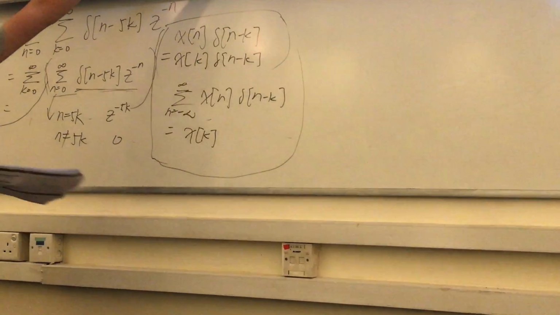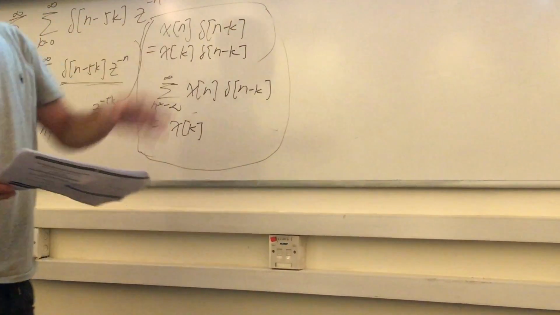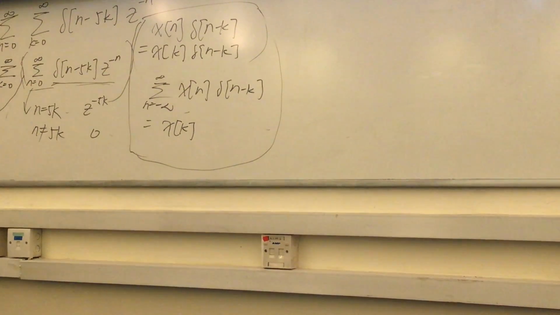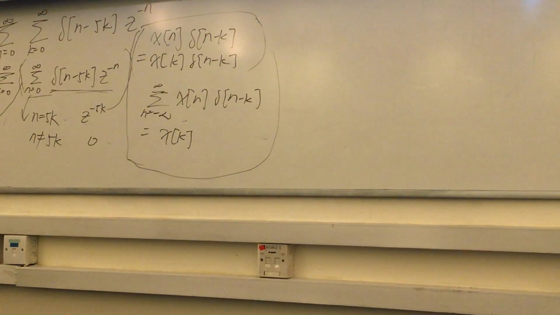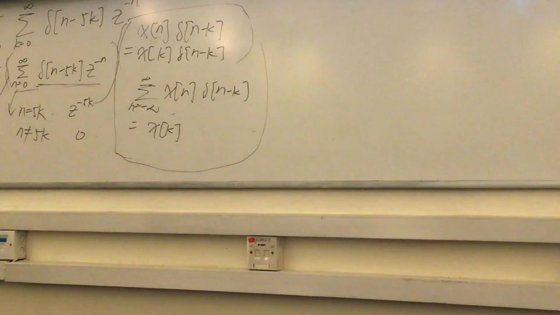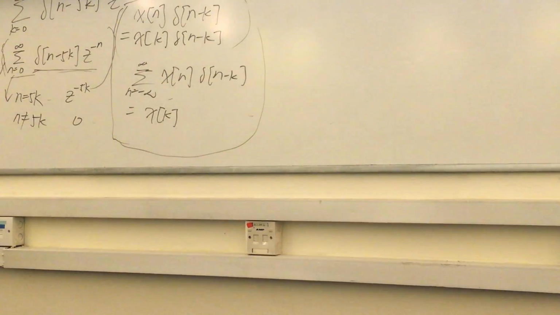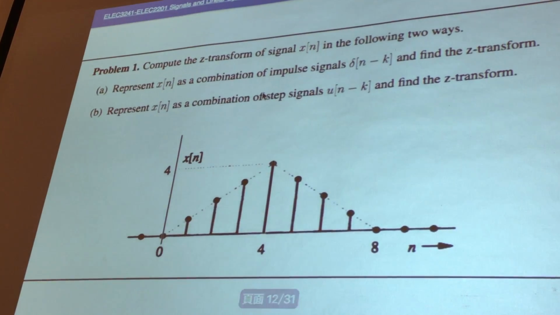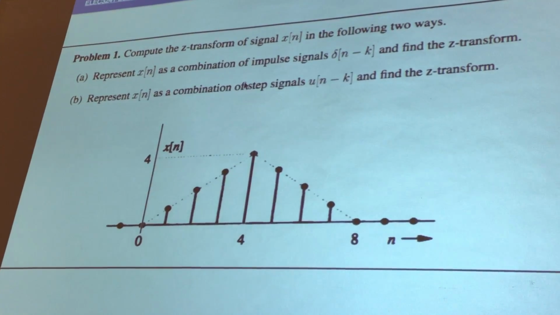You just write down each impulse function, and then calculate the Z transform. So this is easy. It has this component, and for each component, you can easily calculate its Z transform, and then add them together. This is easy. The second one.